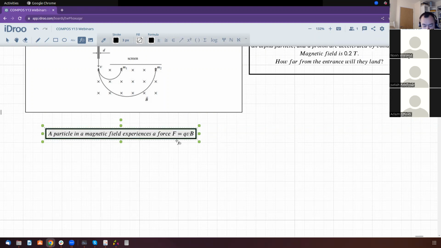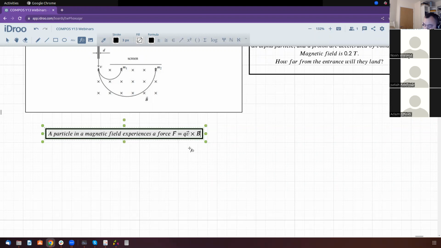So the grown-up version is a vector. V is a vector, and it's a cross product times B.